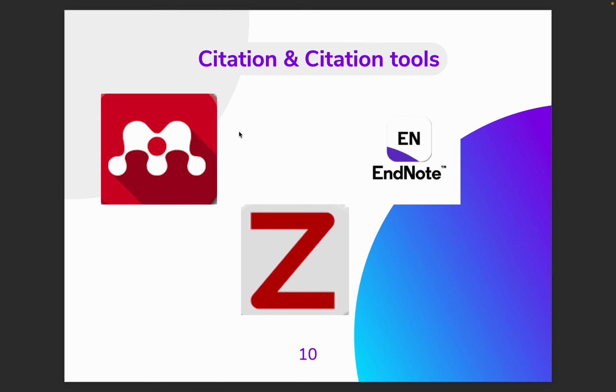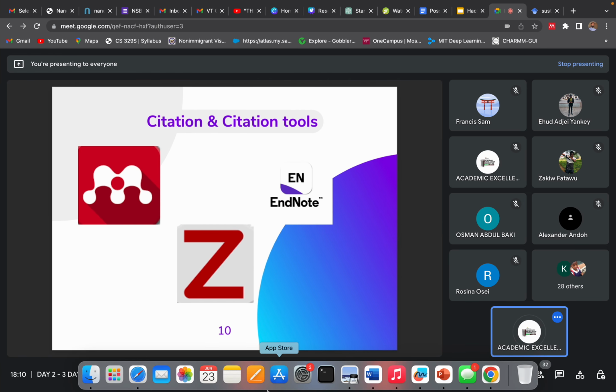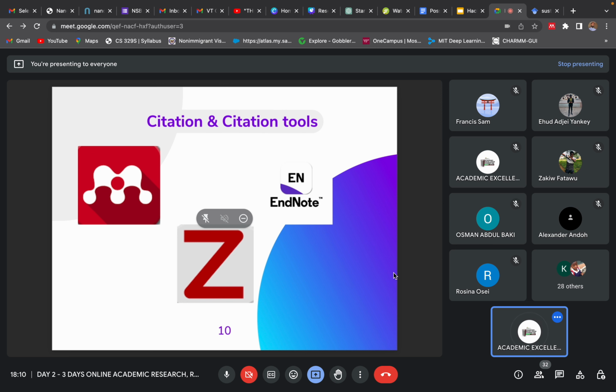As students, mostly the ones that we use is Mendeley, and a few of us use EndNote and Zotero or something. So today, what I intend to do is to take you through how to get a research paper using Mendeley and citing that particular research paper in your article. So that will be the next session for today's meeting.